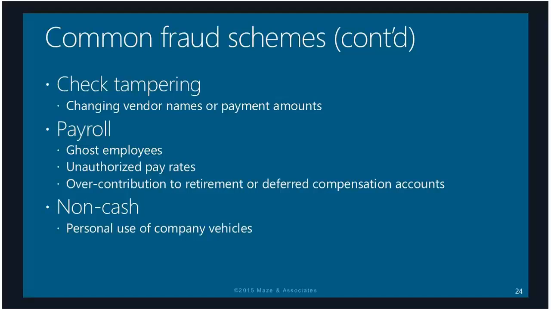But what was happening was that she would initially write the check to a legitimate vendor, somebody that they were used to seeing all the time. And so nobody really questioned it as they reviewed the check register. Well, before the checks actually got sent out, she ended up changing those to an account that was in her name.